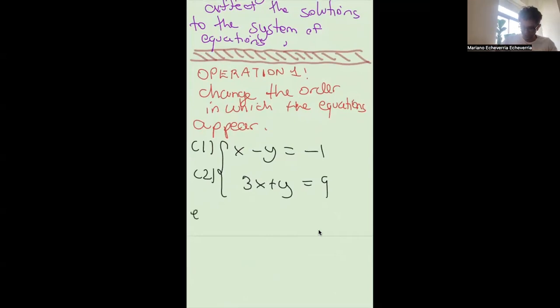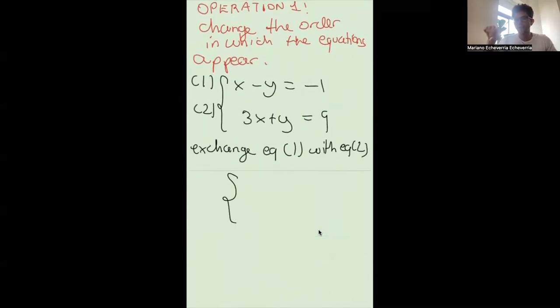So you're going to exchange equation 1 with equation 2. That literally means make 2 appear first, because now equation 2 goes to the slot of 1, and make 1 appear second. So it's really just a reordering of the equations.